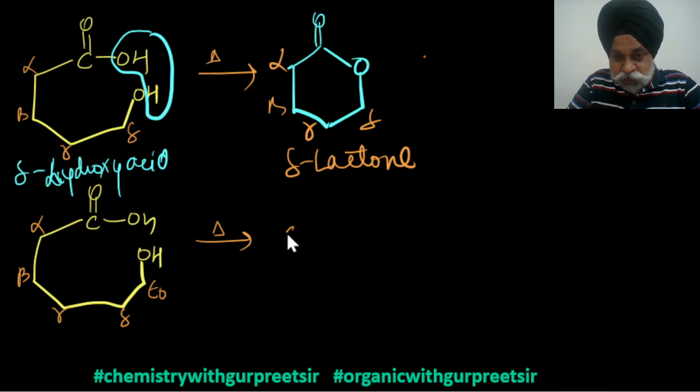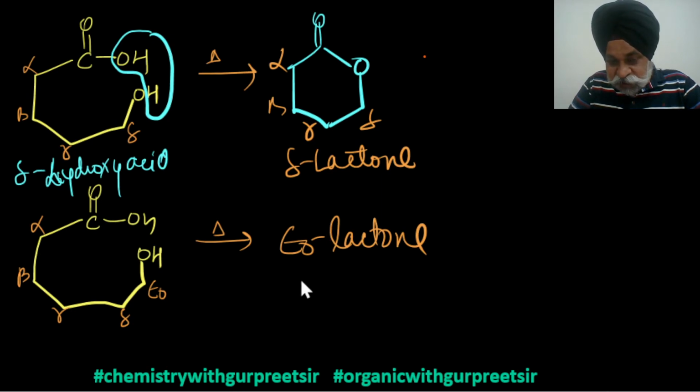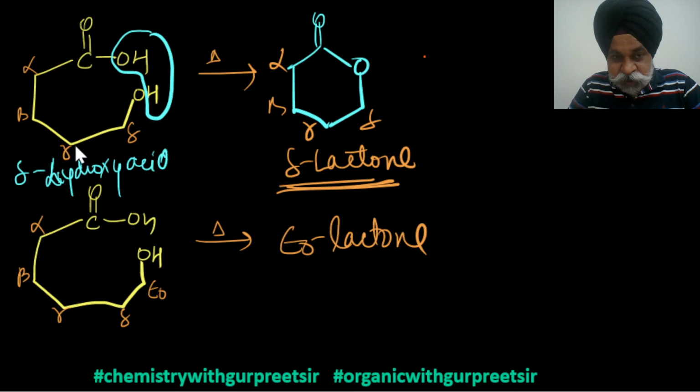Similarly, you may also get epsilon lactone, but the yield is not very high, but this one is very popular. Which one? The heating effect would be seen for alpha, beta, gamma, delta. Okay, so this is quite an important one.